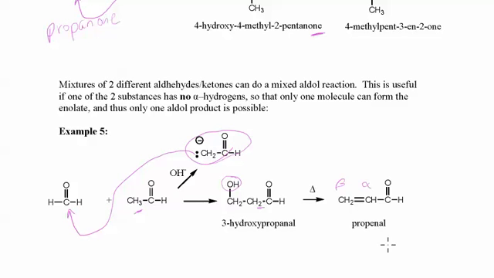Okay, so when we do mixtures like this, we try to avoid having two molecules that can each form their own enolates, because then you just get complicated mixtures. I mean, in this case, we do have to put up with the fact that some of the enolate that we initially make may choose to react with some neutral ethanal. Although if we've got formaldehyde floating around, it's especially reactive for having enolates attack it.